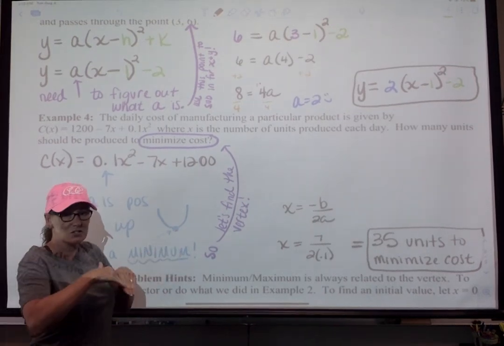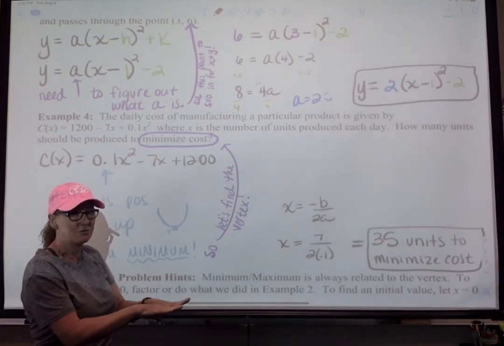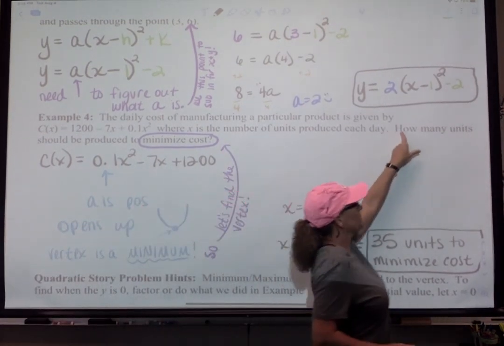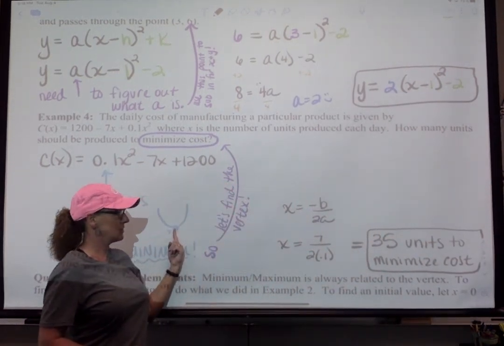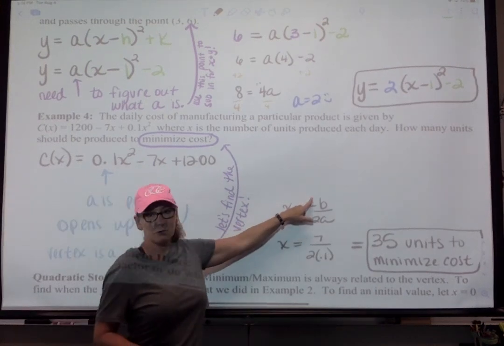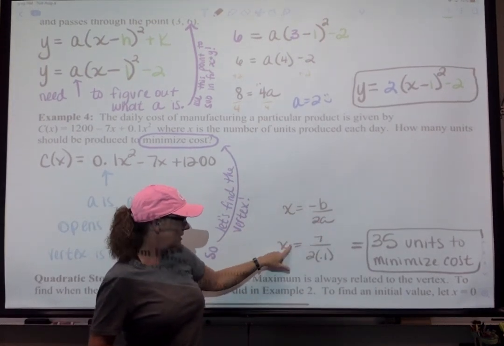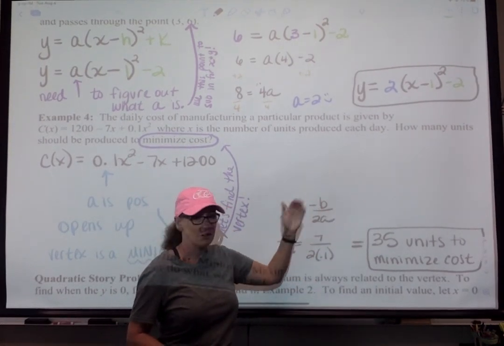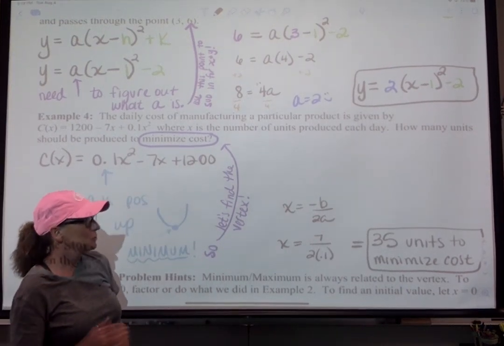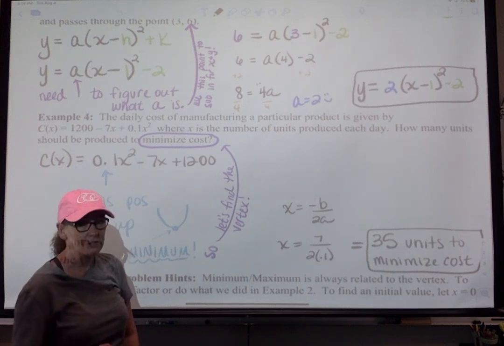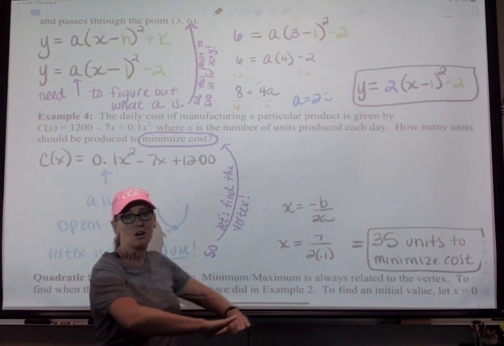At that vertex, you have that minimum value. Find x. Right there. We have a formula that does it for us. I subbed in my numbers. There you go. If I produce 35 whatevers, I've minimized cost for that day.